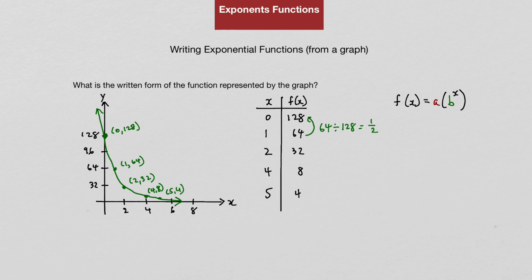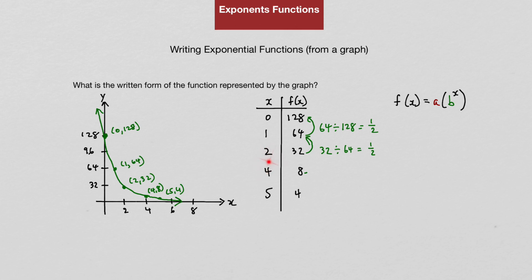Okay, and then we're going to take the third value and divide that by 64. So 32 divided by 64 is 1/2. We can't really do the same here, because we have an interval of 1 going from 0 to 1, 2, we skip 3, and we're going to 4.